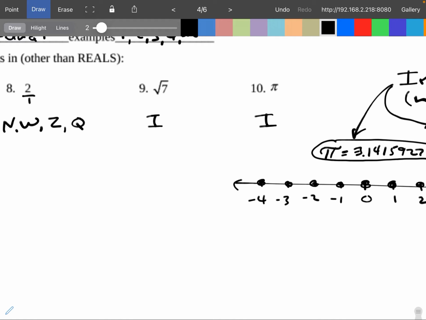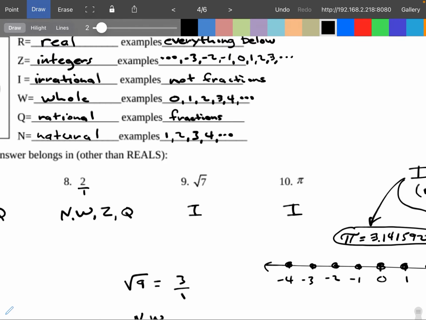Now, what if I gave you one? Let's just do one more real quick. What if I gave you the square root of 9? What's the square root of 9? That's 3 over 1, isn't it? So what is that? Is 3 a natural number? Yes. Is 3 a whole number? Yes. Is 3 an integer?